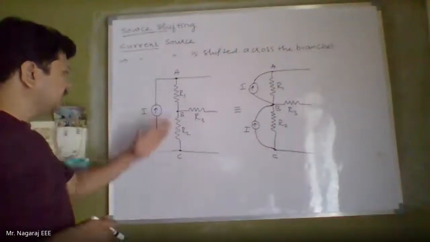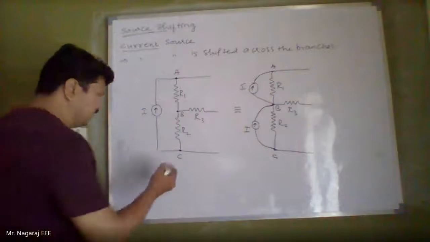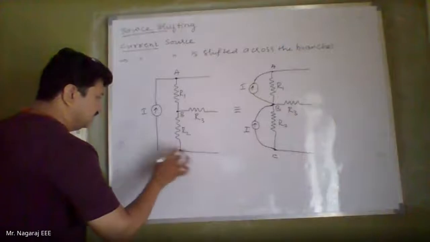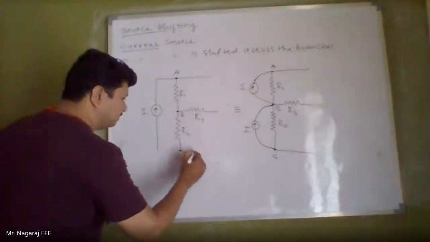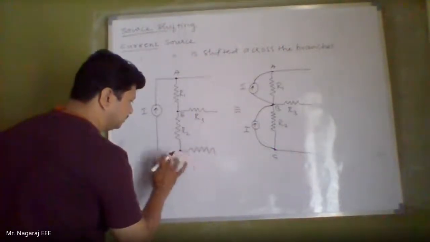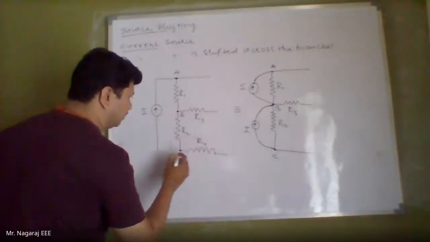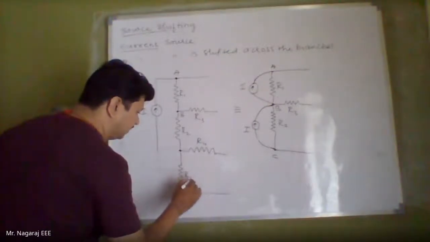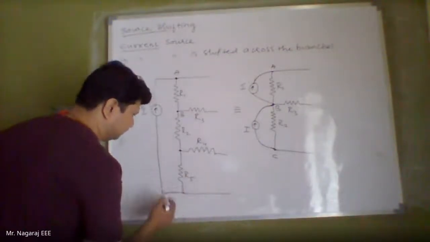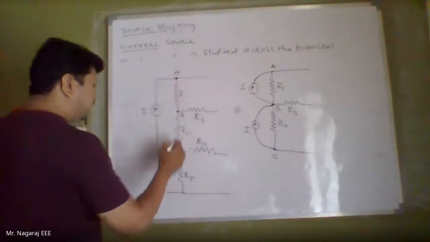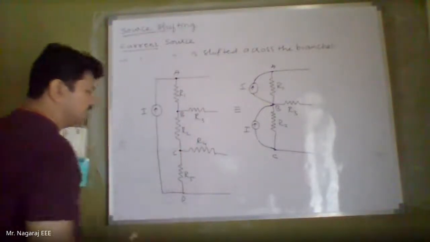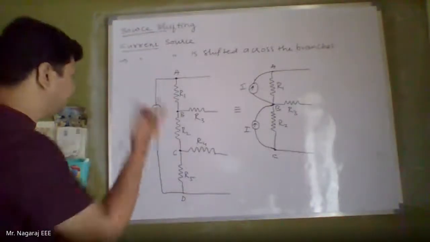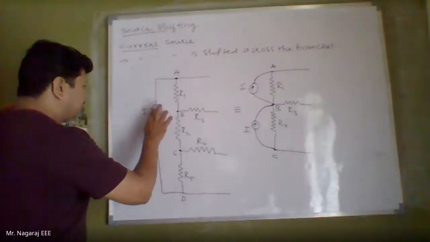Now, for example, suppose I have 3 branches. Instead of 2, let me take 3 branches here. I will take one more resistor, say R4, and R5. This is A, B, C, and D. Now observe, current is still entering at node A, or if you want, I will change the direction; we will get more clarity.